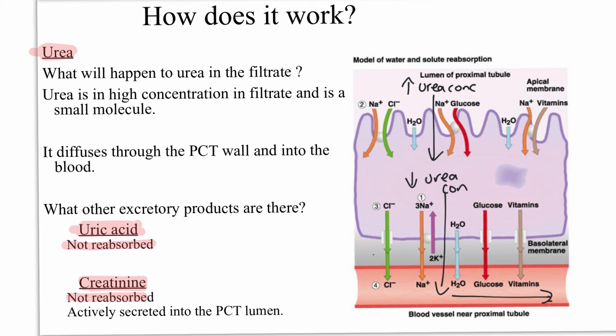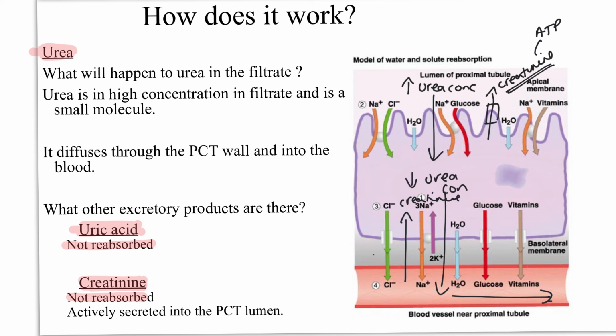Creatinine is a slightly more interesting one because not only is it not reabsorbed at all, there are actually transport proteins on the lumen side of the PCT that actively secrete creatinine into the lumen. So you have active transport of creatinine into the lumen from the PCT cells. Creatinine will be drawn out of the blood capillaries and then into the lumen.